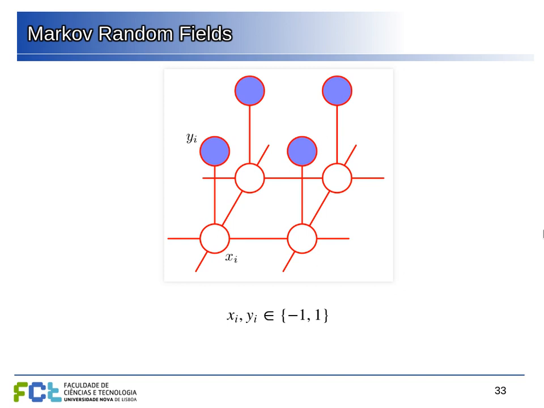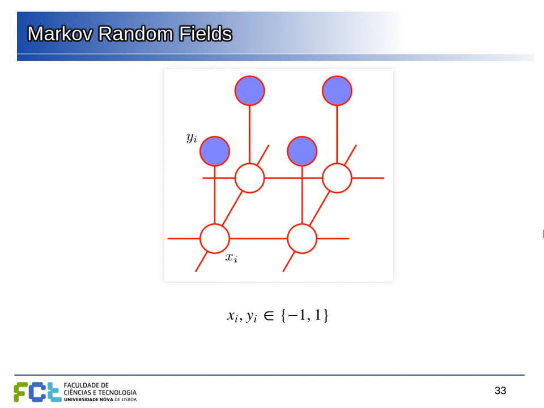We consider a grid of variables x that represents the true image, or some hidden states that we are not directly observing. And we have the y variables that are the pixels that we are observing, with the noise.